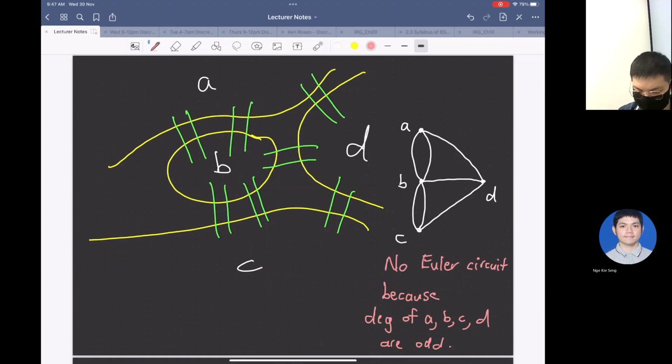So there is no Euler circuit because the degrees of A, B, C, D are 3 and 5, I think.